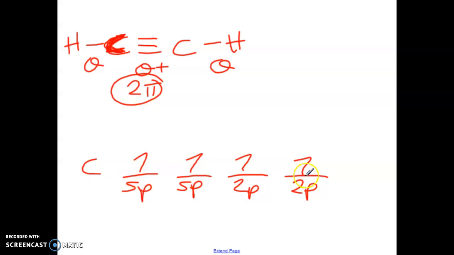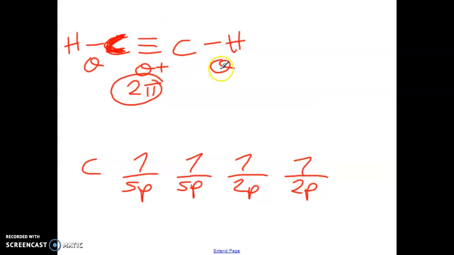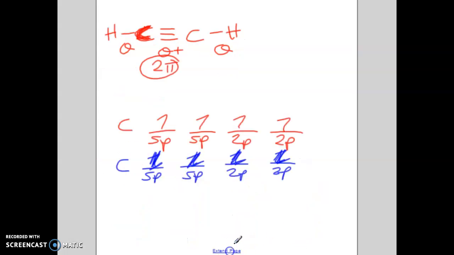So there's one carbon. The other carbon is exactly the same. It needs 2 sigma bonds and 2 pi bonds. I need to do them upside down, so they're opposite spin. So we have sp, sp, 2p, 2p.